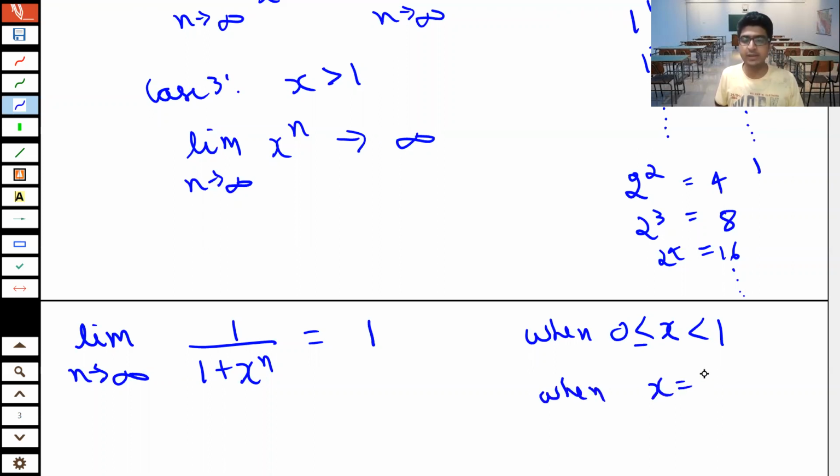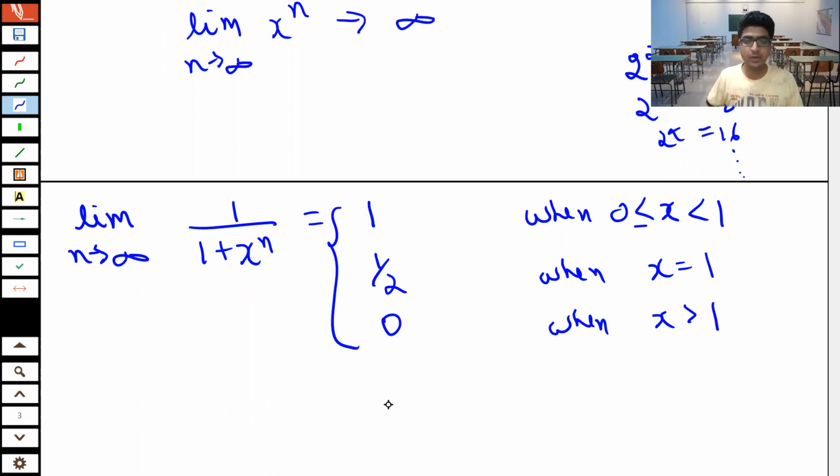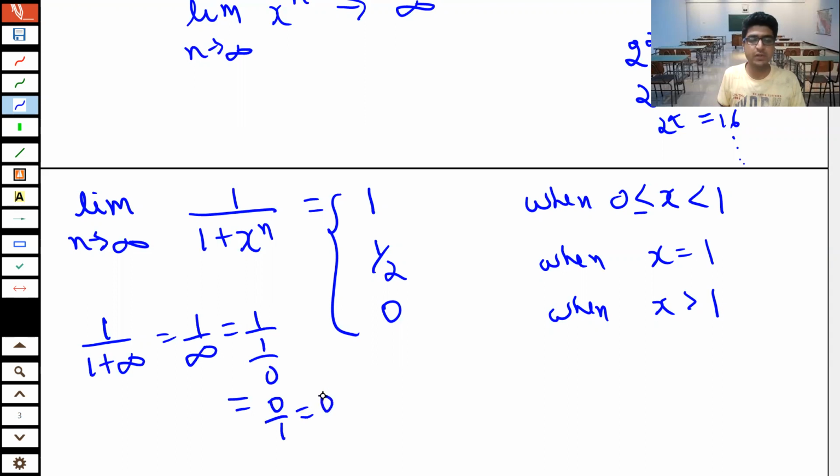When x is exactly equal to 1, this goes to 1, so 1 upon 1 plus 1 is equal to 1 by 2. And when x is greater than 1, this goes to infinity, so 1 upon 1 plus infinity is equal to 1 by infinity, which is equal to 0. Okay?